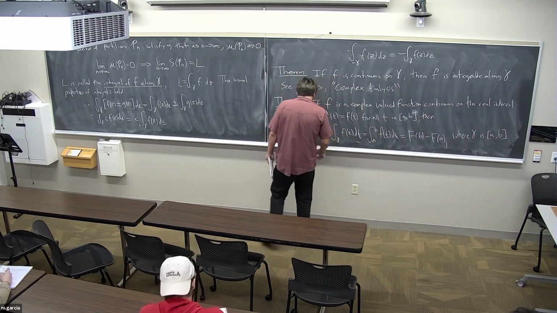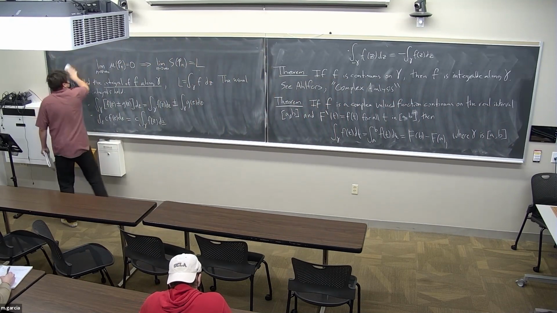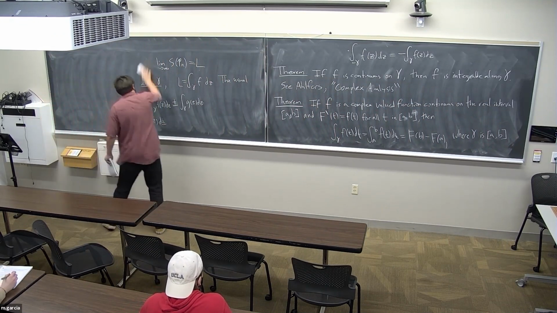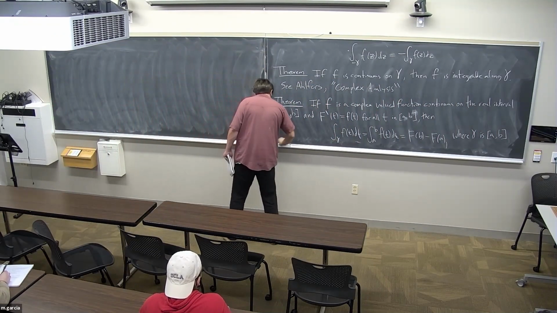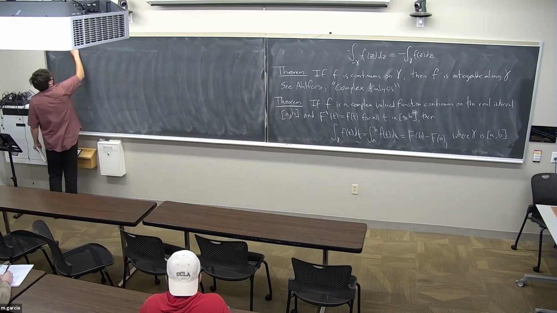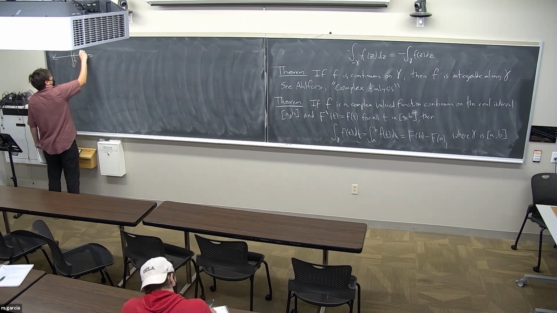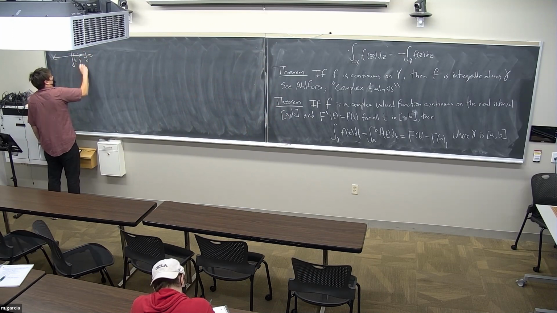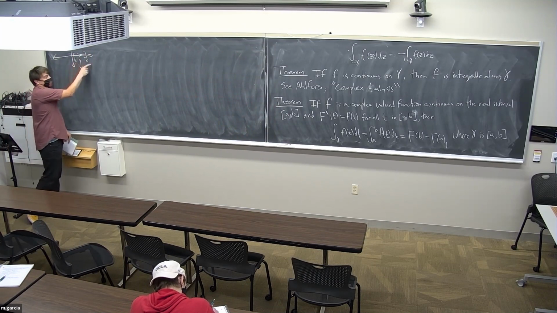That is to say, here's my curve gamma. It's just this chunk of the real axis that I'm going from A to B.